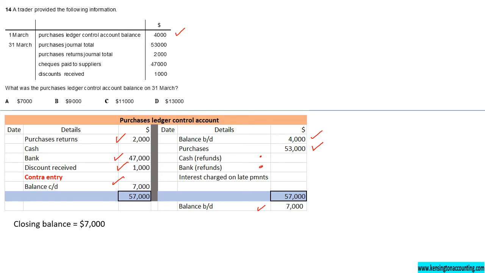And eventually the contra entry. A contra entry reduces the amount owed to suppliers, therefore it's the same as payment to suppliers, and it is also a debit entry. In our example, therefore, the answer is 7,000, obviously a credit entry, therefore the answer is A.